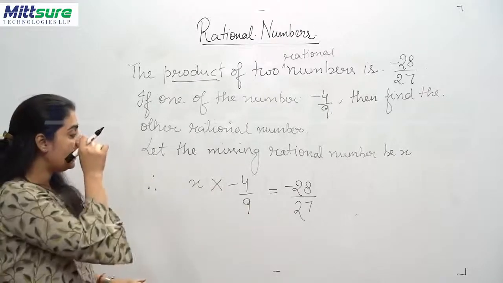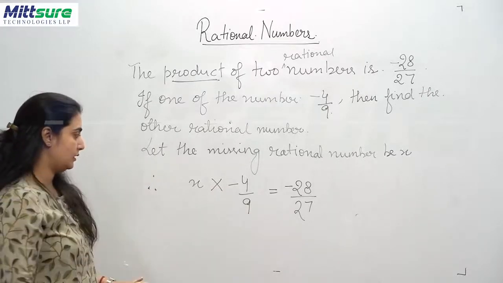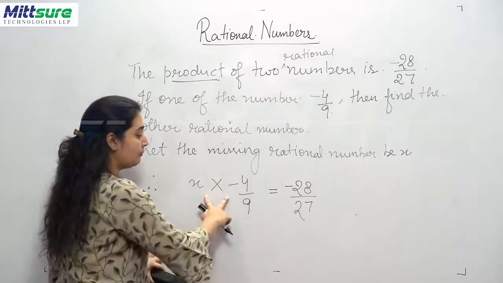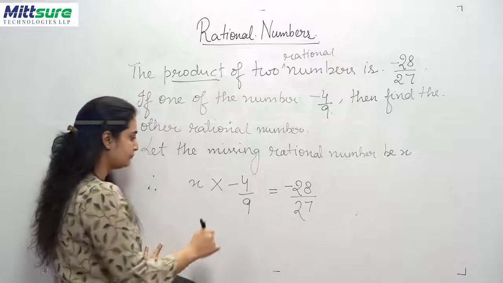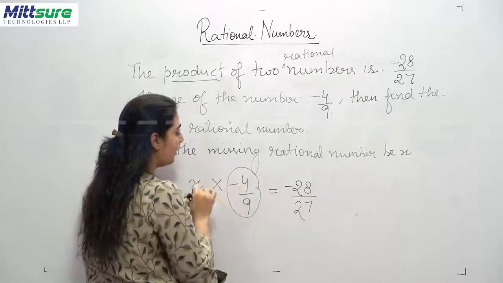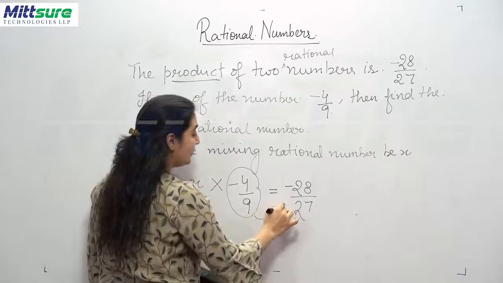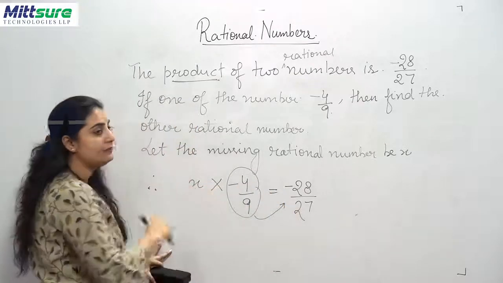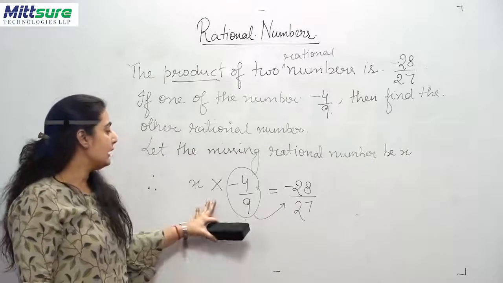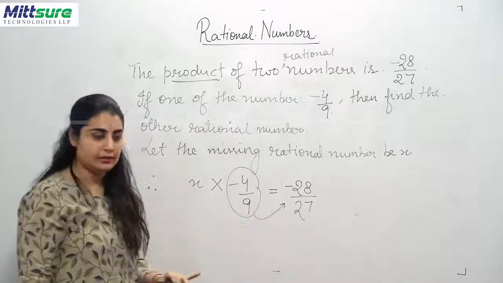Now, how are you going to solve this question? See, here x and minus 4 upon 9 are multiplying each other. If I transpose this minus 4 upon 9 towards the right hand side, its sign will get changed to division.